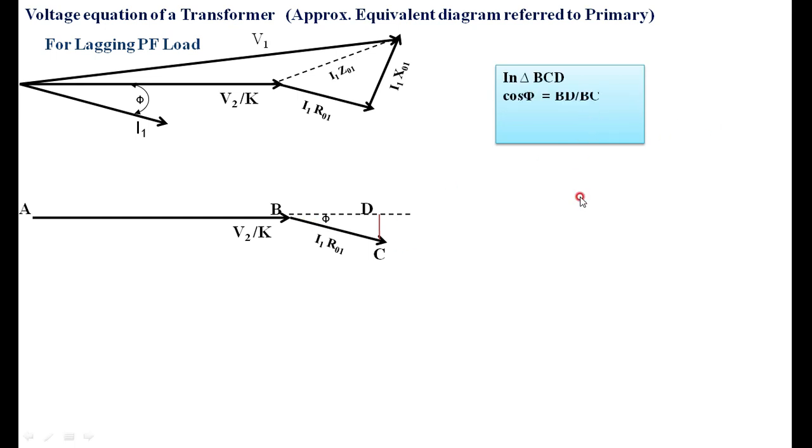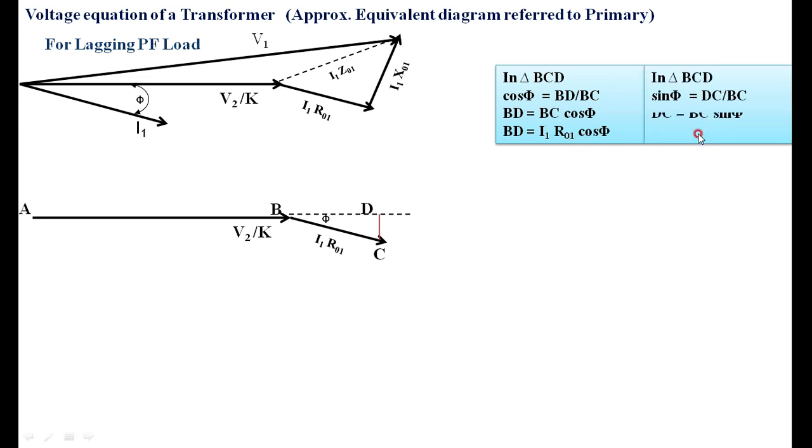In the last class we took the triangle BDC, where you apply cos phi and sin phi to get BD and CD. That is, BD is I1 R01 cos phi, and similarly BC is I1 R01 sin phi, this vector.